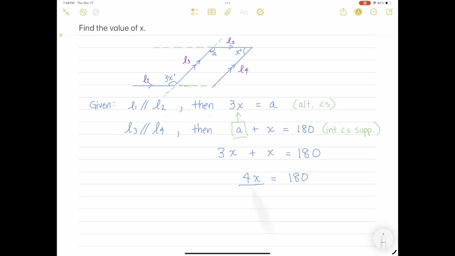Now we divide both sides of the equation by 4, and the 4s cancel on the left-hand side to give x by itself, and on the right-hand side we have 180 divided by 4, and I do that calculation on the side. 180 divided by 4 equals 45. So x equals 45 degrees, and I box that as my answer.